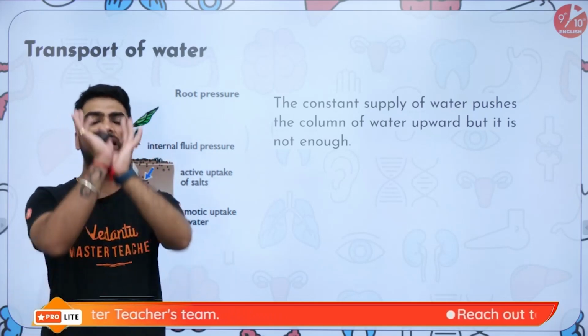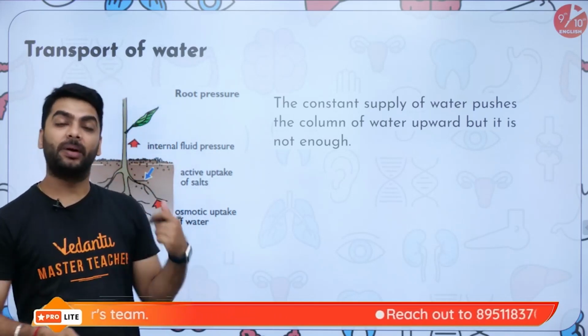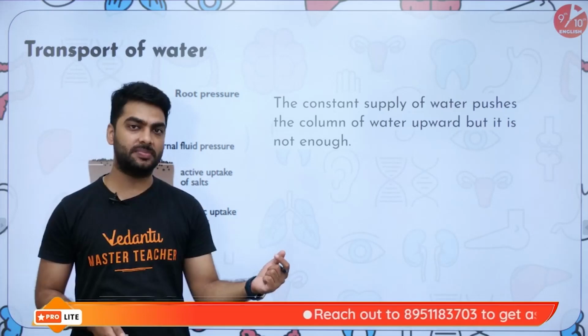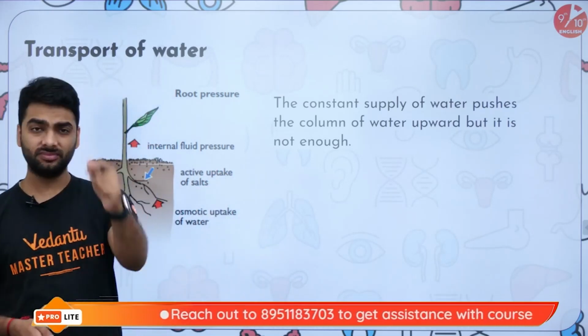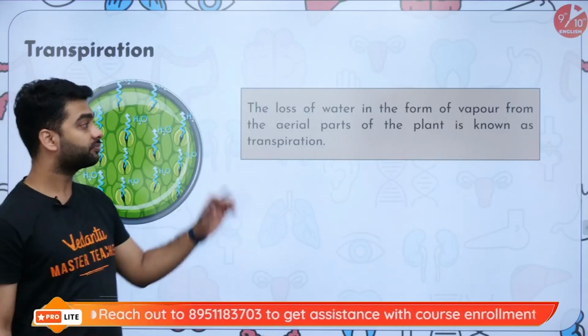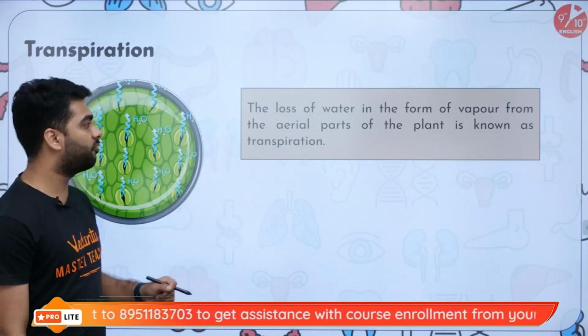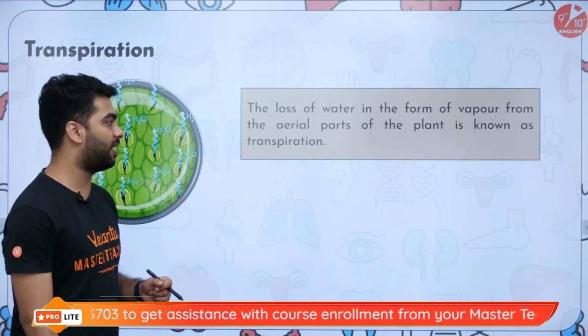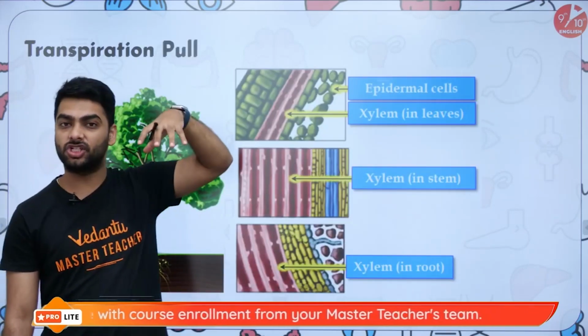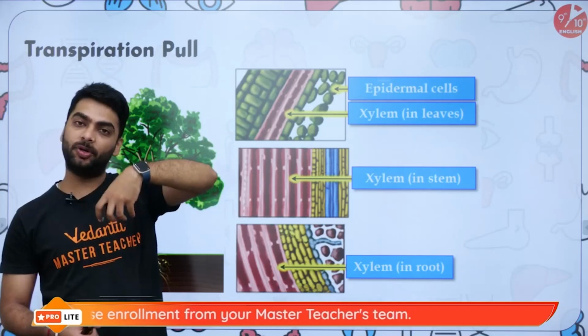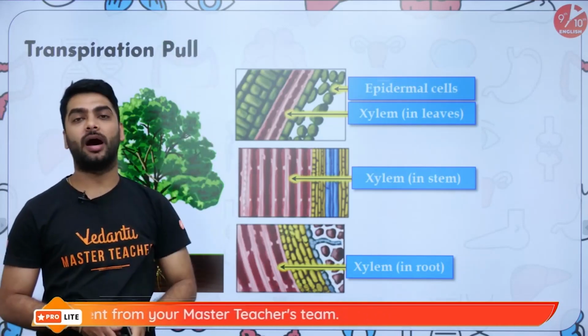So basically it's an active transport, but now passive transport comes into place through the process of transpirational pull. The loss of water in the form of water vapor from aerial parts of the plant is known as transpiration, and now because of the transpirational pull, the xylem is able to push the water upwards.